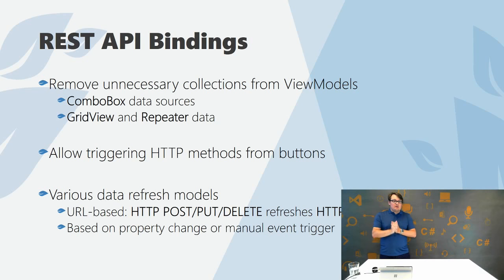And also there is a manual way of triggering some event. You can create an event with some name, for example, refresh data, and a button can just trigger this event in the page. So any request which is bound to this event will get refreshed.